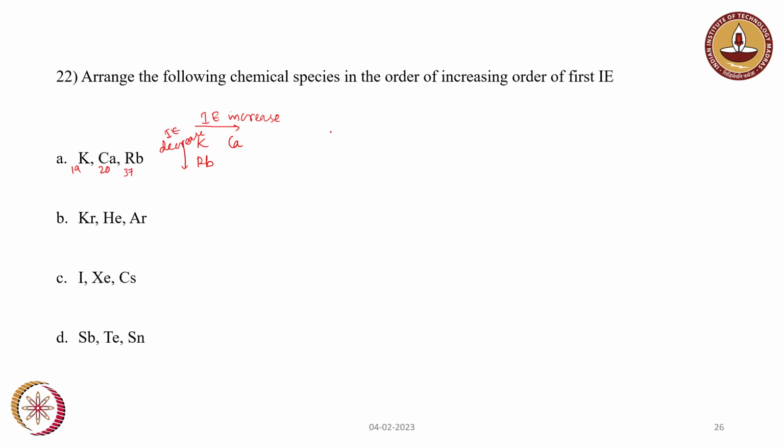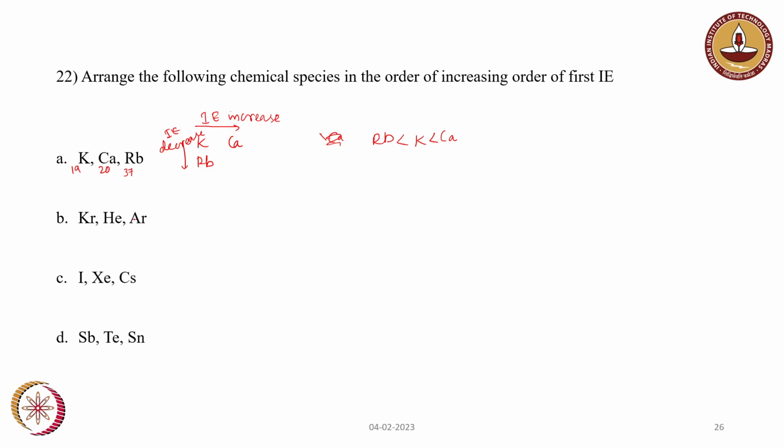So the order will be: calcium will be higher, then potassium, then rubidium. And here krypton, helium, and argon.